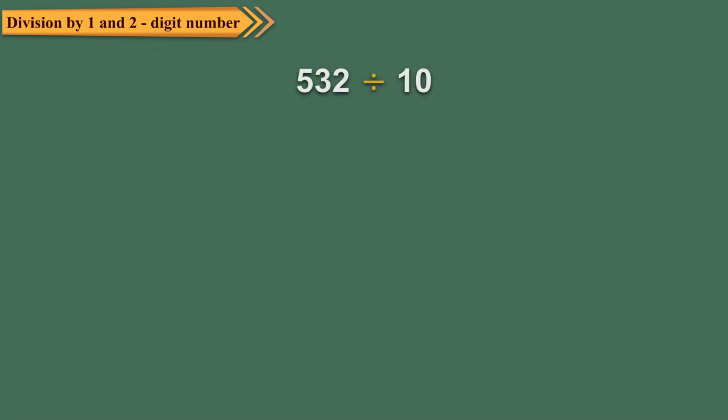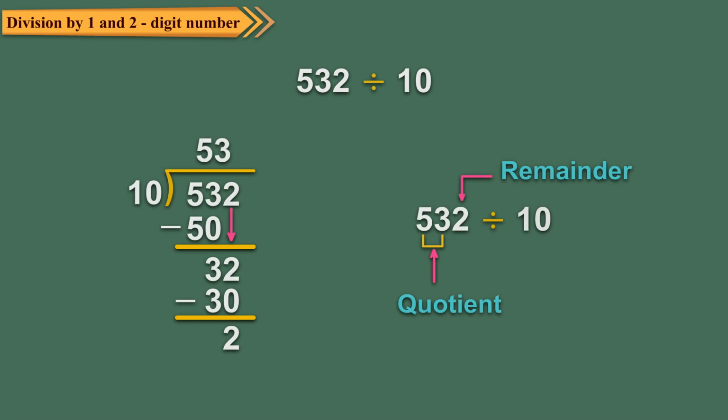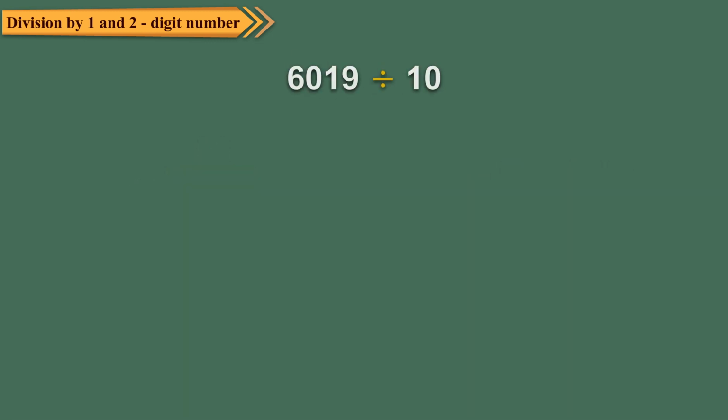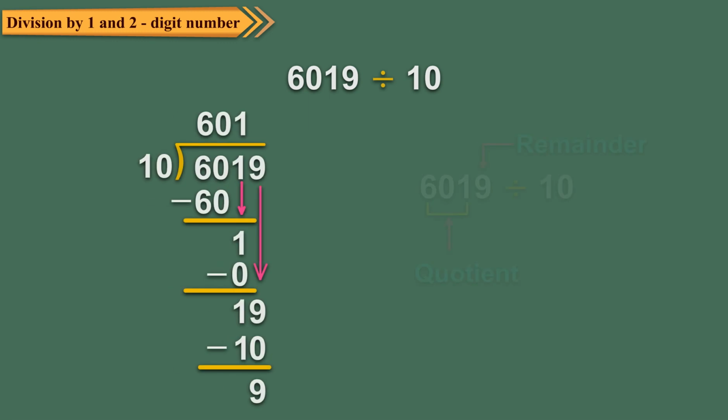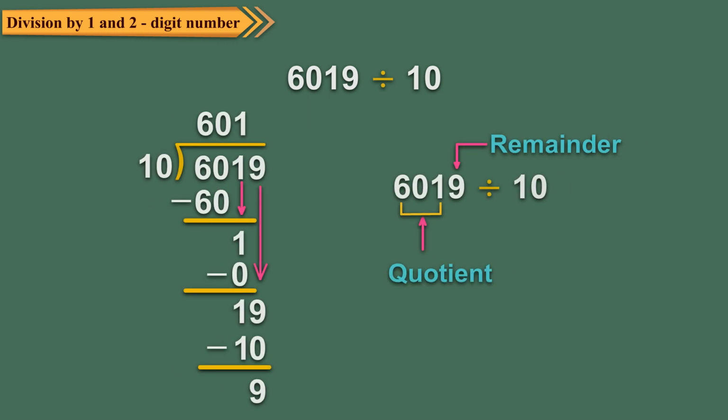Let us divide 532 by 10. We see that 2 is the remainder and 53 is the quotient. Again, divide 6,019 by 10. Here, the remainder is 9 and the quotient is 601.